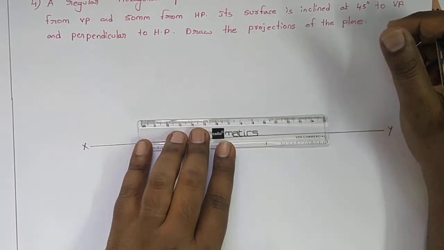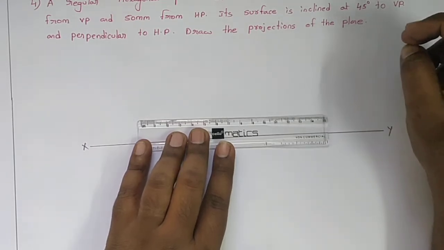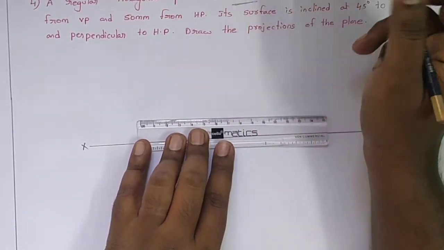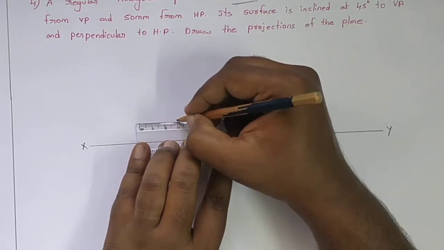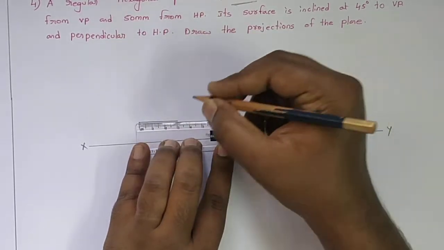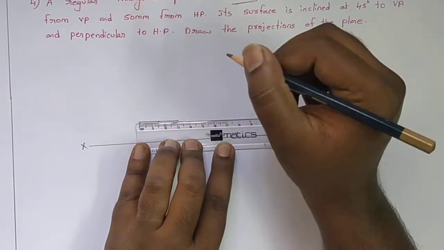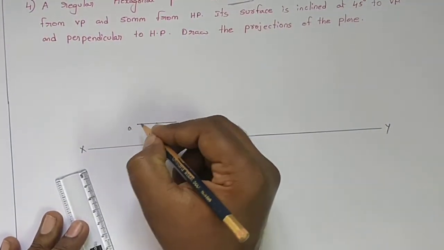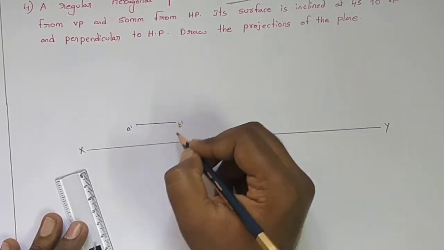First we need to draw the hexagon by using the angular method. Here the side of the hexagon is given as 30 mm, so first I draw one side of the hexagon, that is 30 mm, with its midpoint marked. These are A dash and B dash, because it is in the vertical plane, that is the front view.